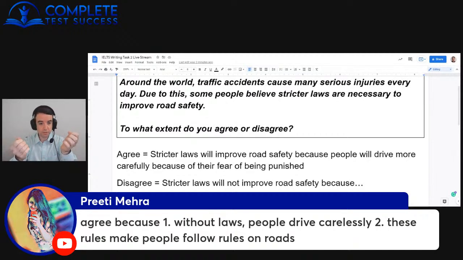We're comparing the current laws with stricter laws. So to make the punishments more strict, to make the laws more strict. These rules make people follow rules on the road. Again, why does that happen? That's the idea, that it will improve road safety because people are driving more carefully. But why are they going to drive more carefully?